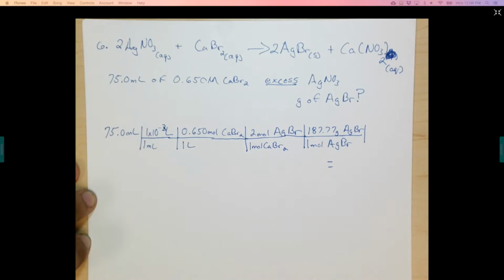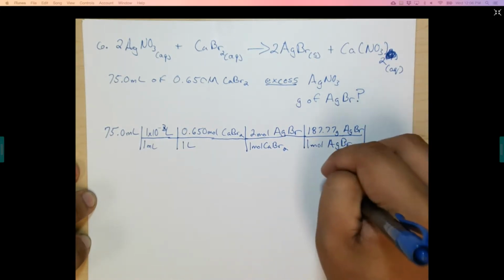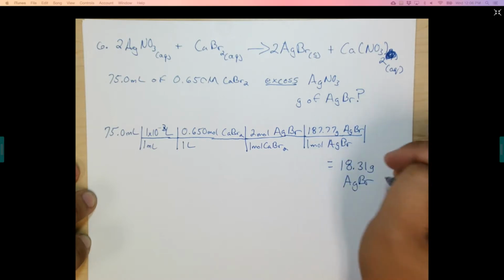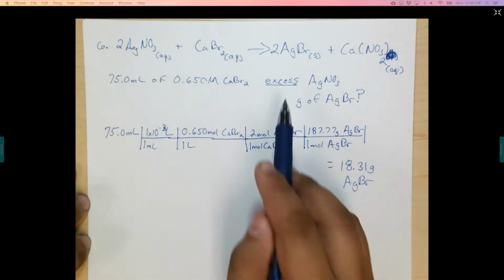Plug this in the calculator. And we should produce 18.31 grams of precipitate silver bromide. And that is assumption of a complete reaction because we have excess.